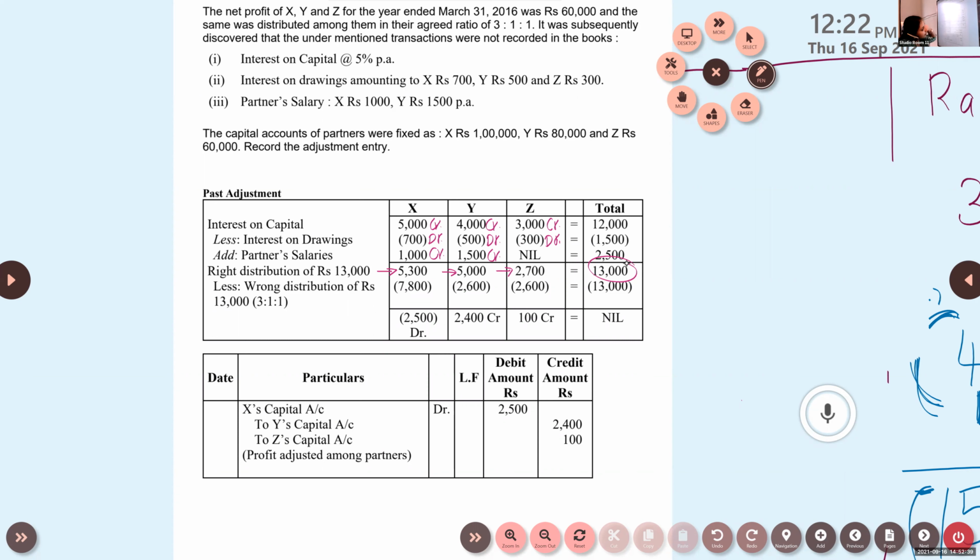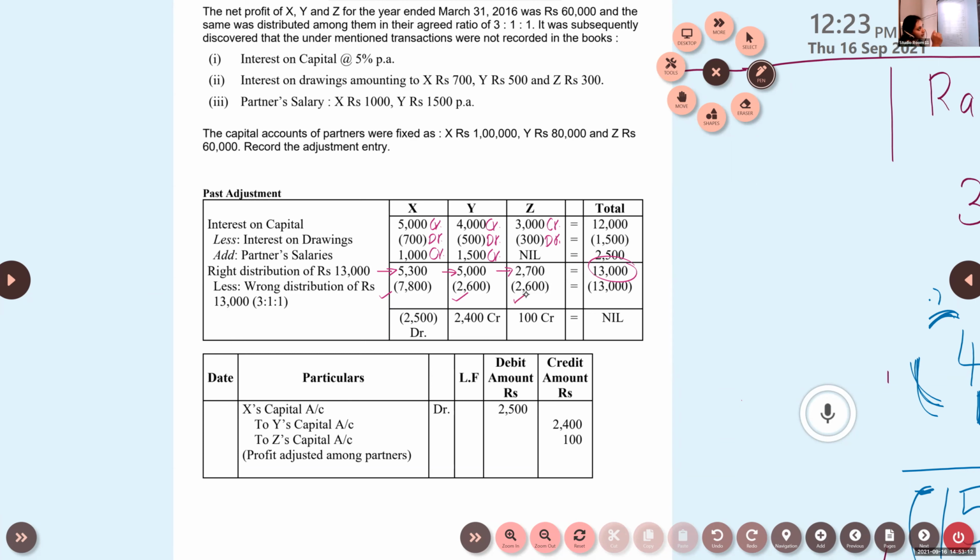How did they receive it? 13,000 in the ratio 3:1:1, so 3 by 5. 13,000 into 3 by 5, 7,800. 13,000 into 1 by 5, 2,600. 13,000 into 1 by 5, 2,600 again for Z.